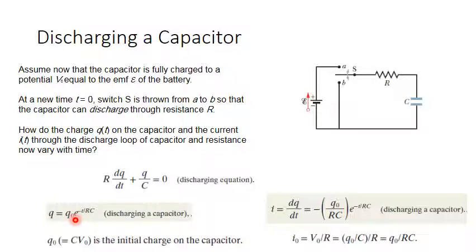So in this case, the capacitor was fully charged, and once the switch has been connected to B, its charge will flow through the resistor to discharge. So effectively, the positive charge here goes through the resistor to be neutralized by the negative charge here.